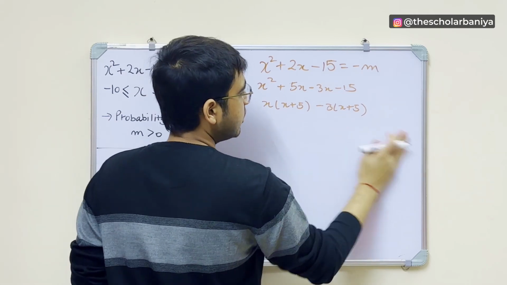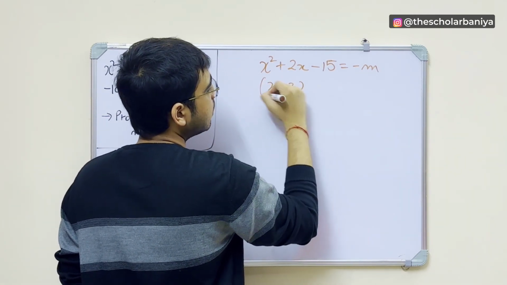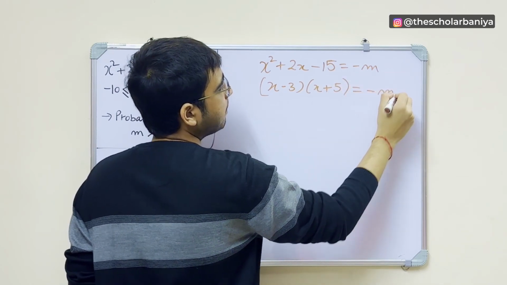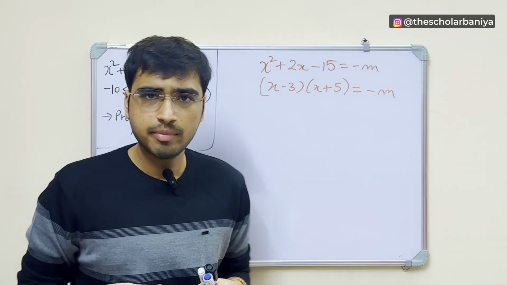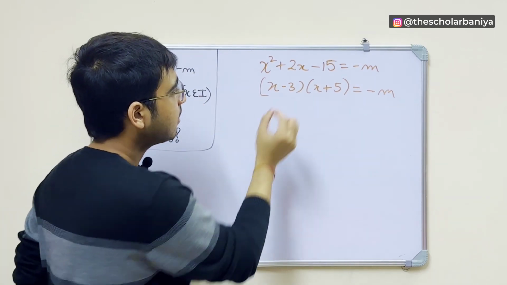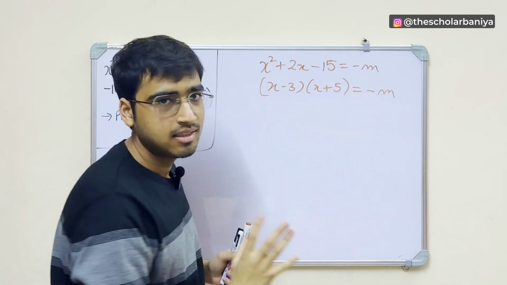Okay, so I'll just write it over here. x minus 3, x plus 5 is equal to minus m, right? Basically what we mean is that the product of this and this is minus m.